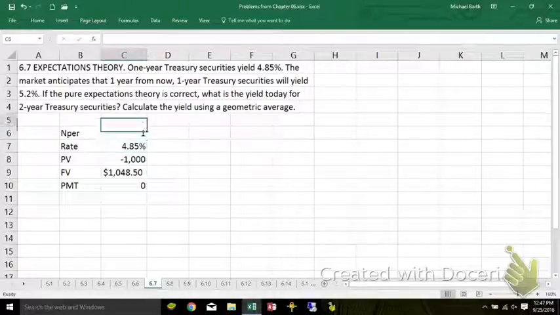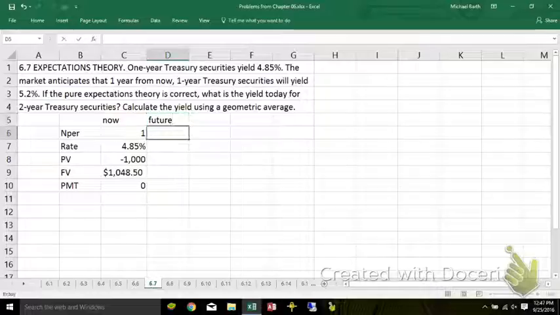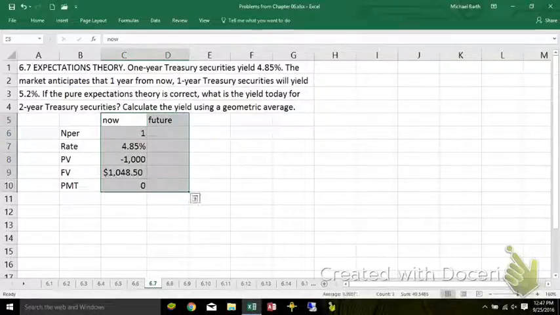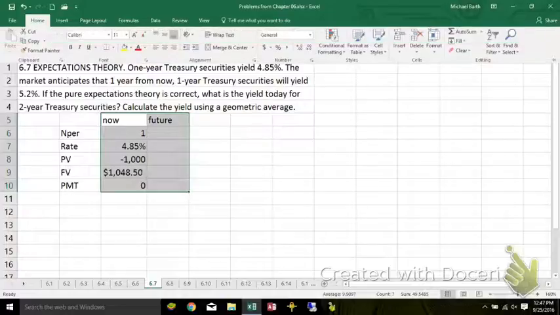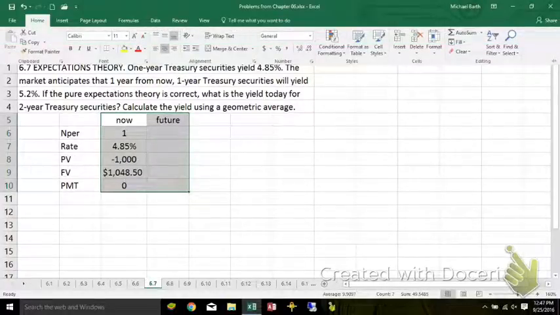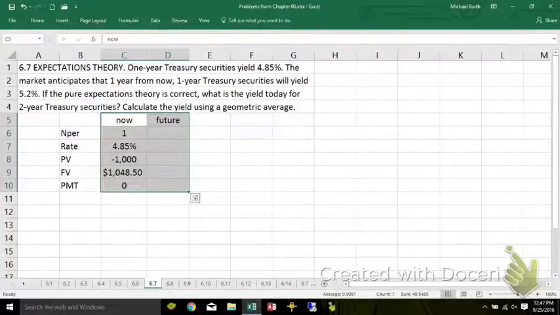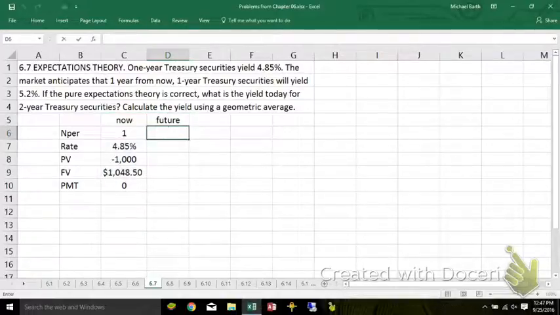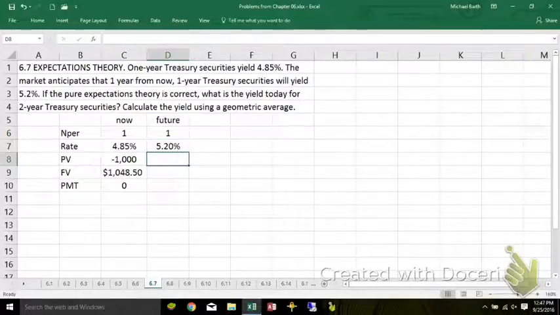Okay, so that's now, and then in the future, what are you going to do with your money? You're going to take that money and reinvest it a year from now, where you can invest for 1 year at 5.20%.